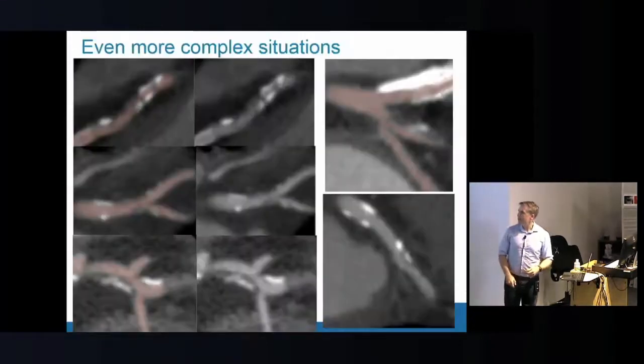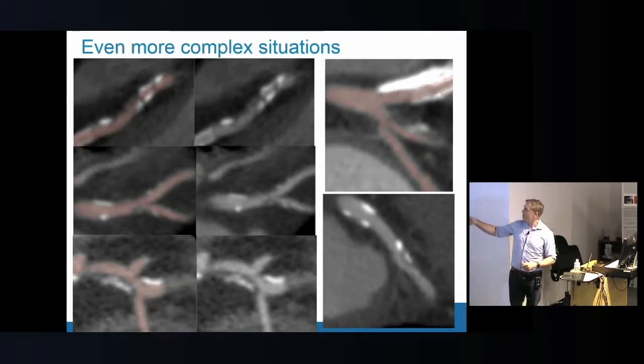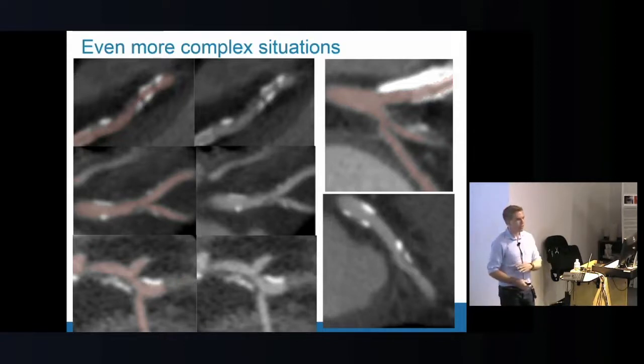A lot of times we're dealing with more complex situations where we have mixed plaque, bifurcation disease, calcified areas inside soft plaque, blooming artifacts, and so on. And we need to achieve that same level of precision and accuracy across all these different scenarios every time. So this is a big challenge.